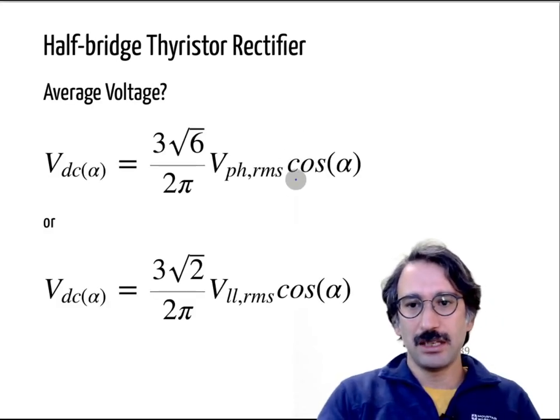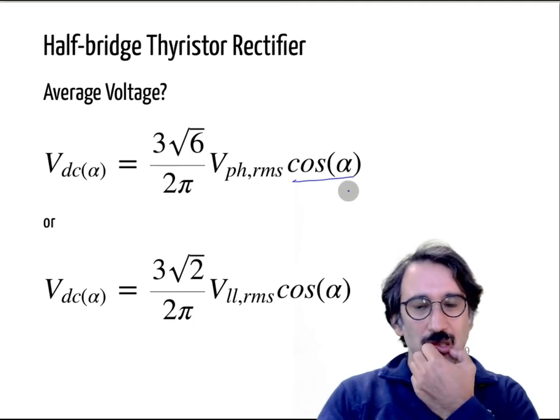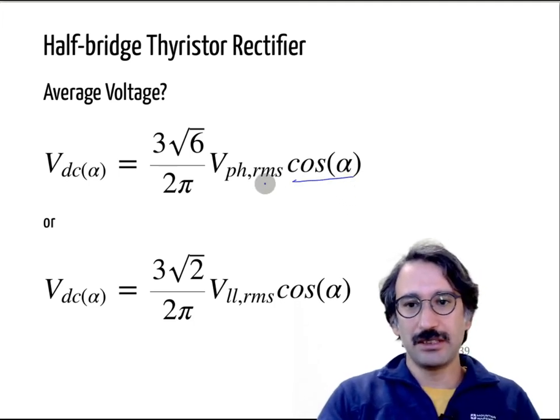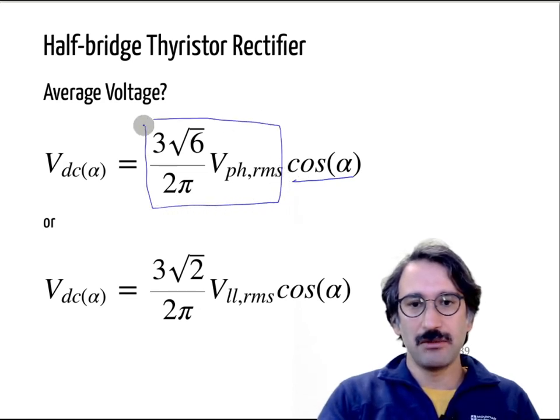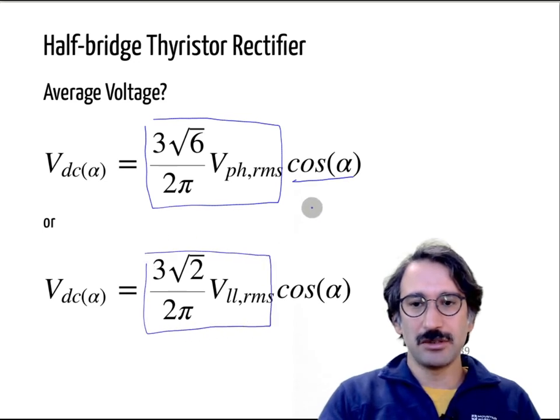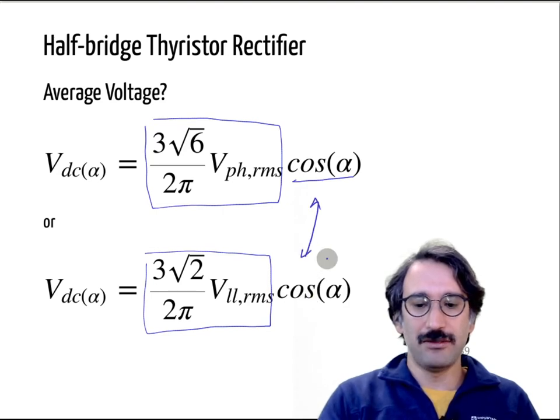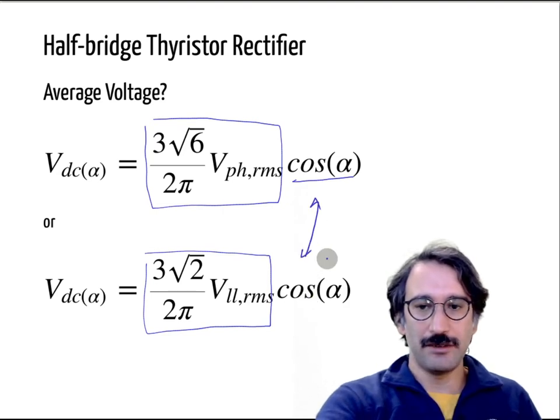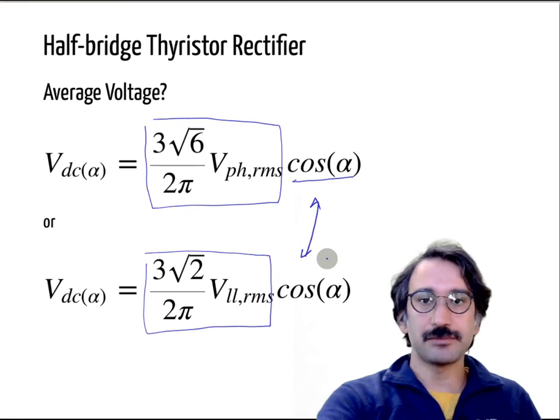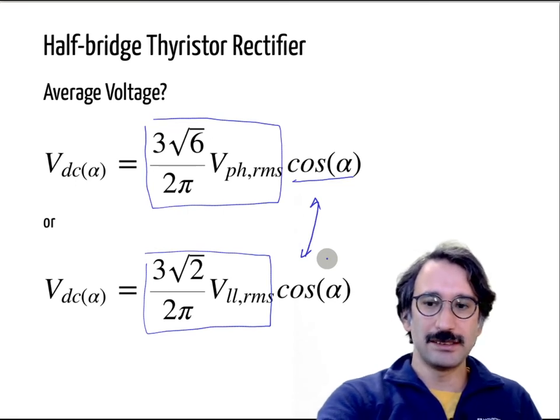I'm leaving it to you to calculate the phase voltages and the equivalent output voltages. The thing to remember is we have the same parts, and similar to the single phase case, we have the cosine alpha case for the half bridge thyristor rectifier.